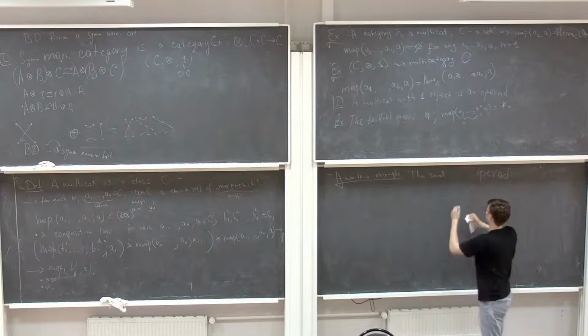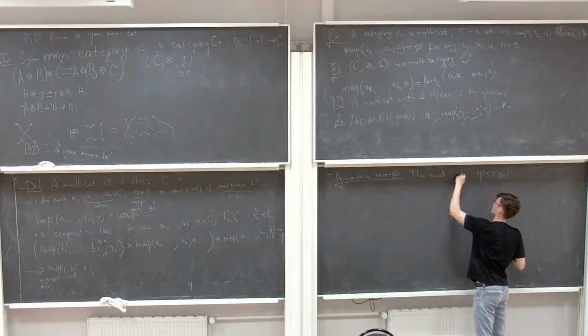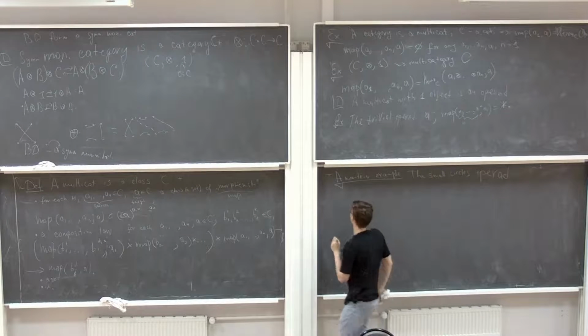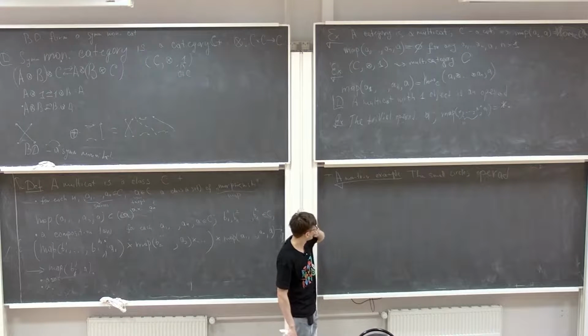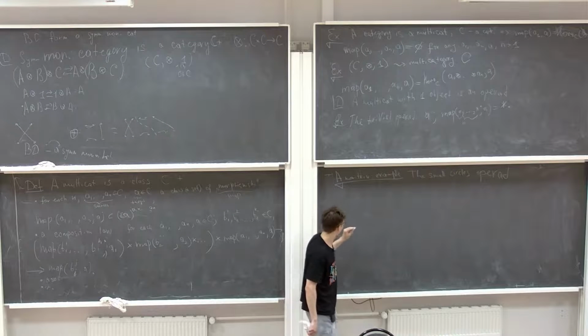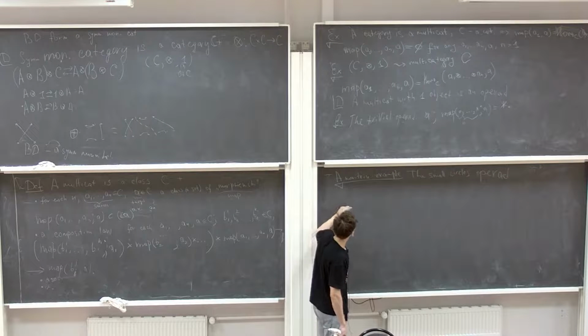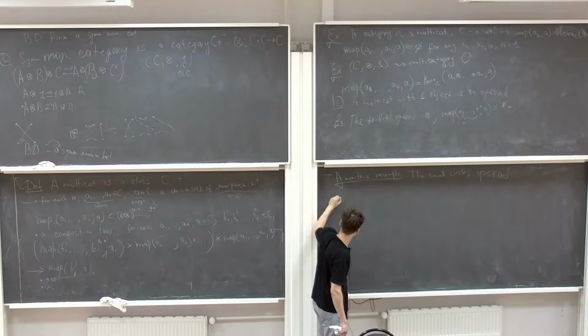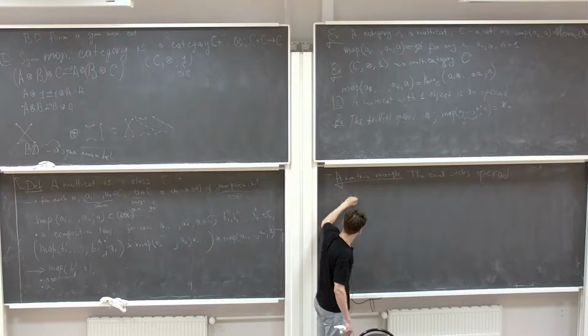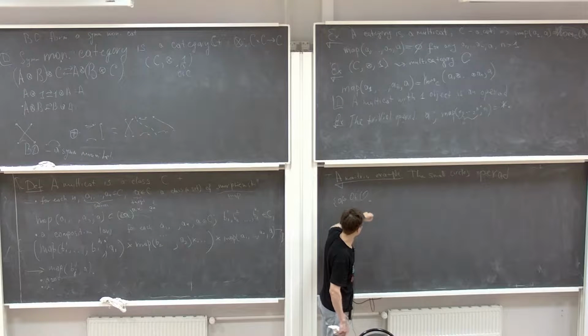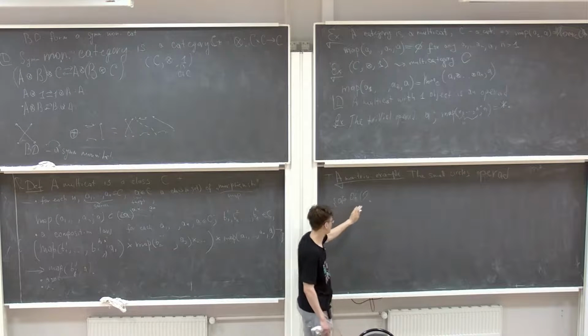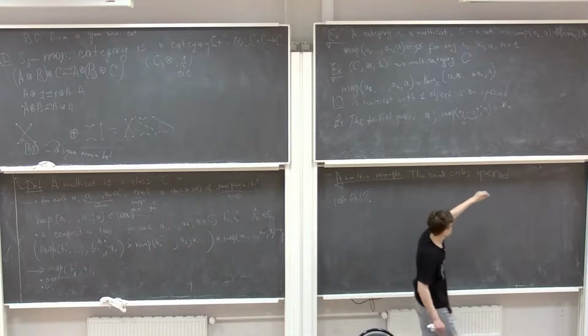I don't remember how to write it, so circles. Sorry. So the small circles operad. Again, we have just one object. Let me denote it by O. So O is an operad.